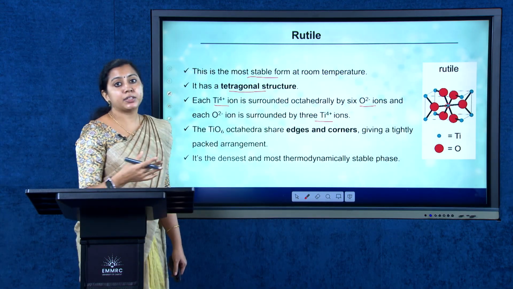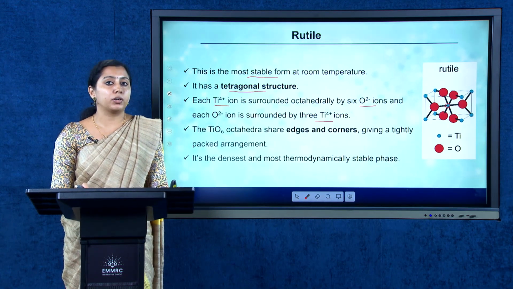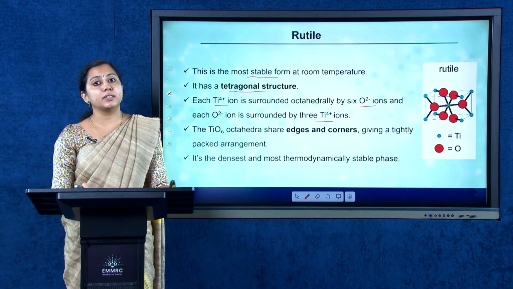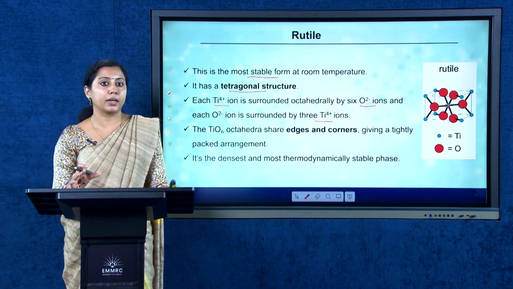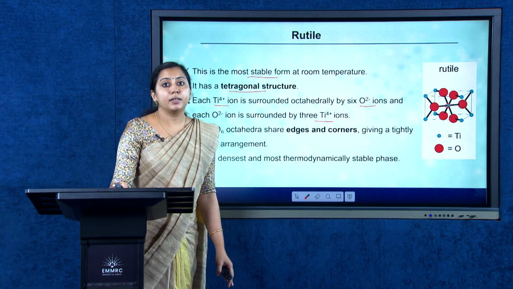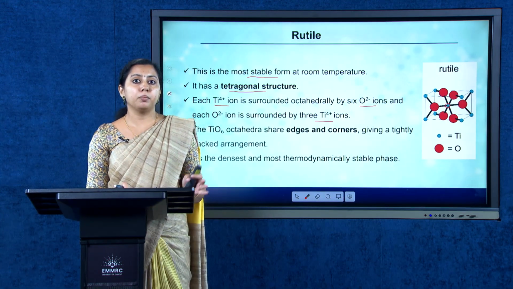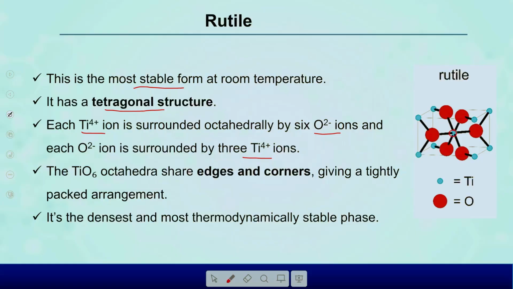When we say each Ti4+ ion is surrounded octahedrally, it is not a perfect octahedron, but actually a distorted octahedron, and that is what the symmetry allows. So, each Ti4+ ion is surrounded in a distorted octahedral manner by 6 oxide ions, and each oxide ion is surrounded by 3 Ti4+ ions.